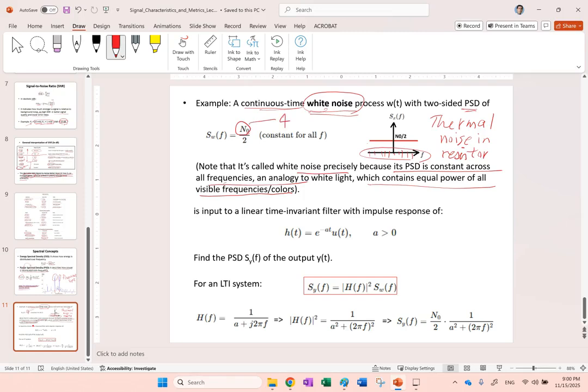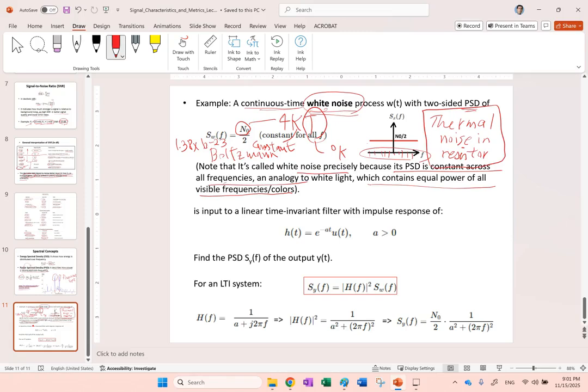This is equal to 4kT, where T is the absolute temperature of the resistor in kelvins, and k is what we call the Boltzmann constant, which is about 1.38 times 10 to the negative 23 joules per kelvin.